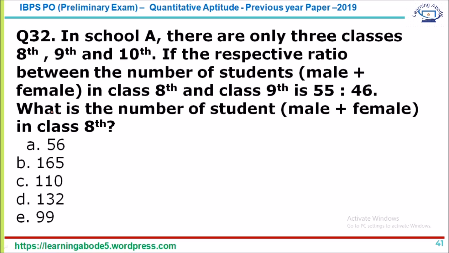Now, in school A, there are only 3 classes, 8th, 9th and 10th. The respective ratio of the number of students, male plus female, in 8th and 9th classes is 55 is to 46.